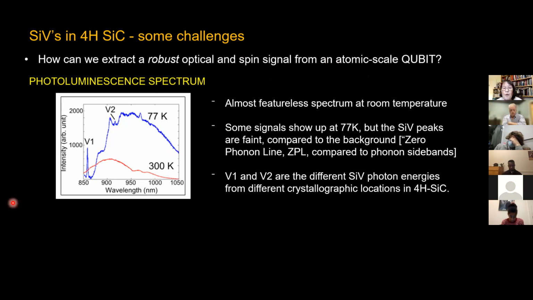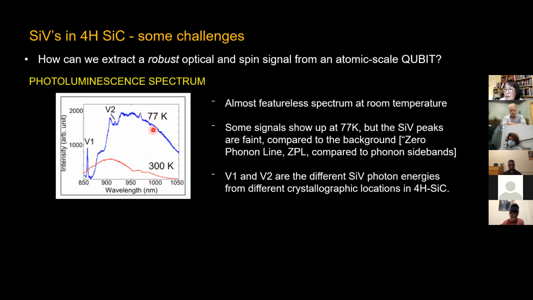To prove my point about how hopeless this seems, I just want to show you a photoluminescence spectrum that we take at room temperature. I told you that this was supposed to be a great system to use at room temperature. Here's room temperature: almost featureless. This is a nothing spectrum. Where's the information here?